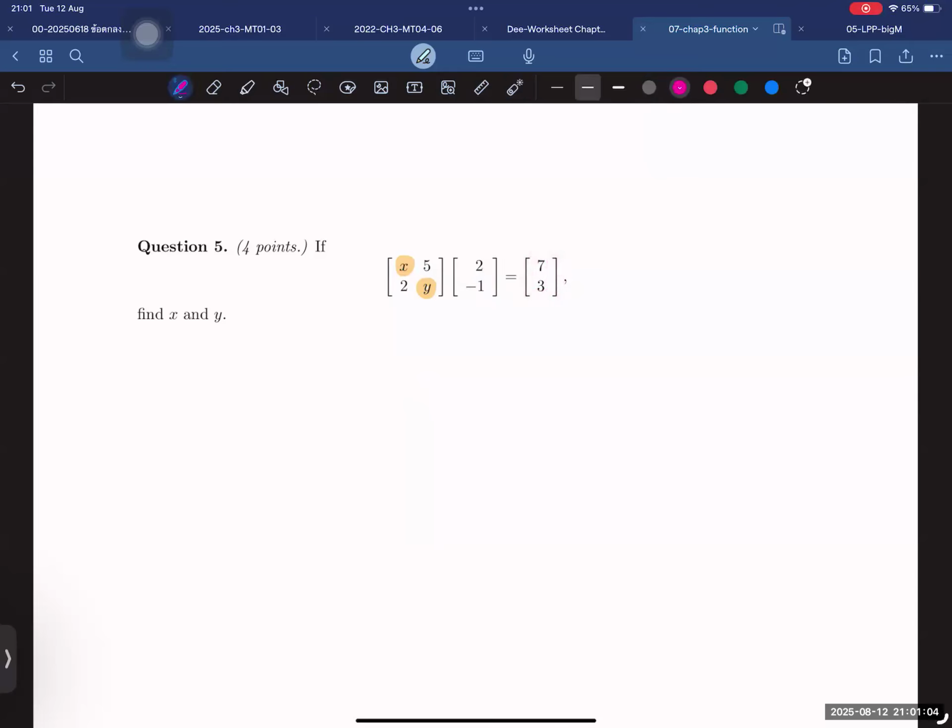Okay, let's try to multiply. So we have 2x minus 5 must be equal to 7, right? And this times this, so we got 4 minus y equal to 3, and then solve it.